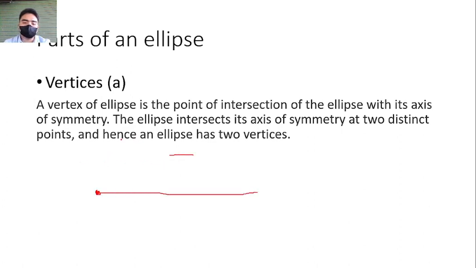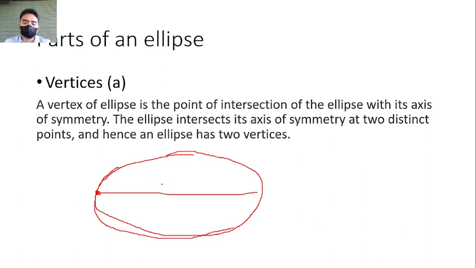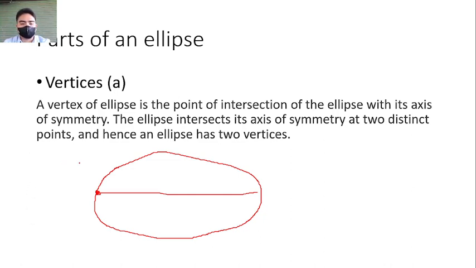So, therefore, if this is your ellipse, your point intersects your point. Isn't it that we talked about a while ago, the locus? It consists of points. So if your point intersects with the axis of symmetry, which is your major axis, those are the vertices.